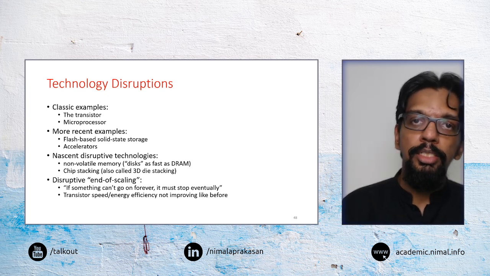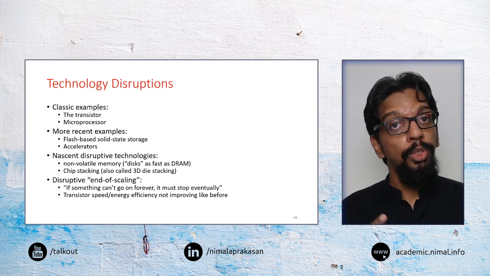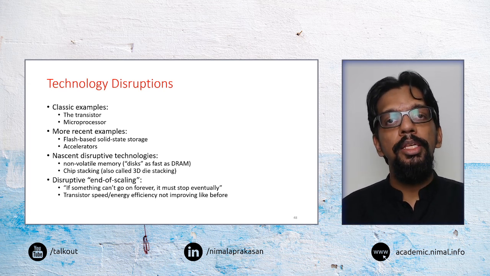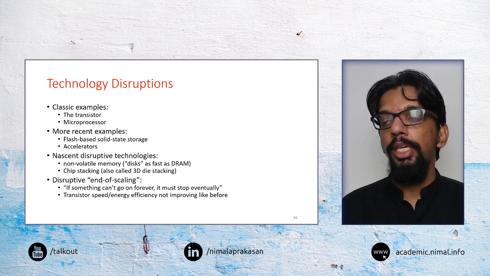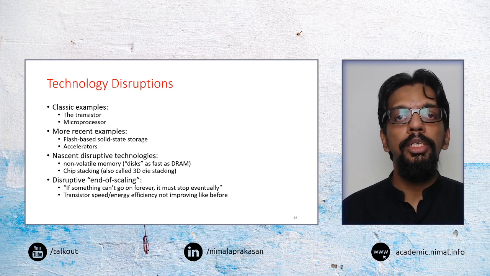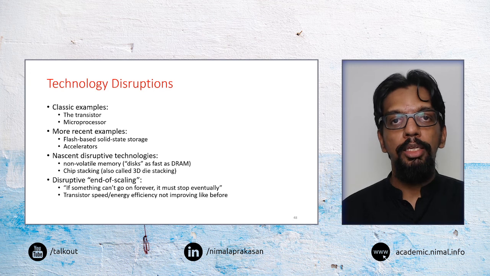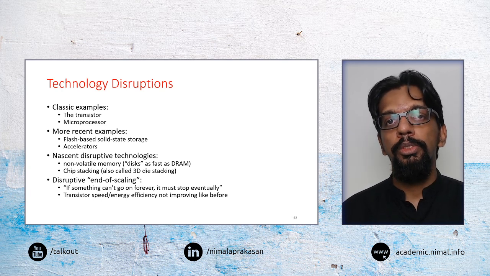For example, the transistor was a disruption, the microprocessor was a disruption, solid state storage devices were a disruption. There are various disruptions happening at different points in history, and all of these change how we interact with computers, how computers interact with us, and how computers are designed and used. That in turn influences how the architecture of a computer comes together as well. That is one of the things we will be looking at throughout this course.